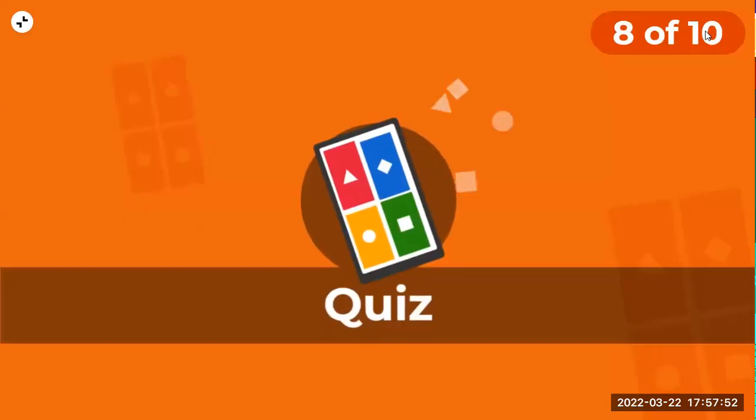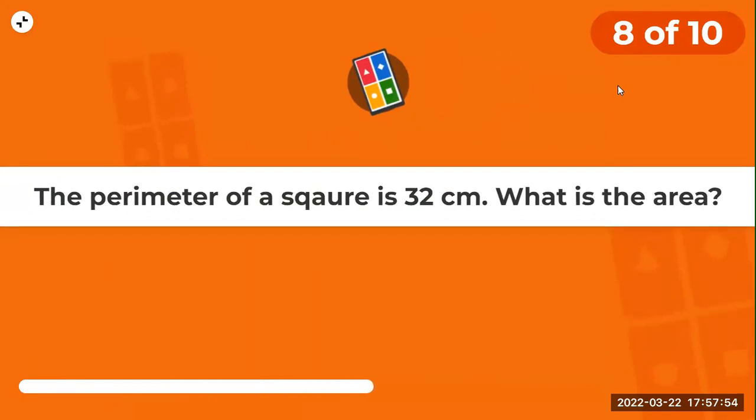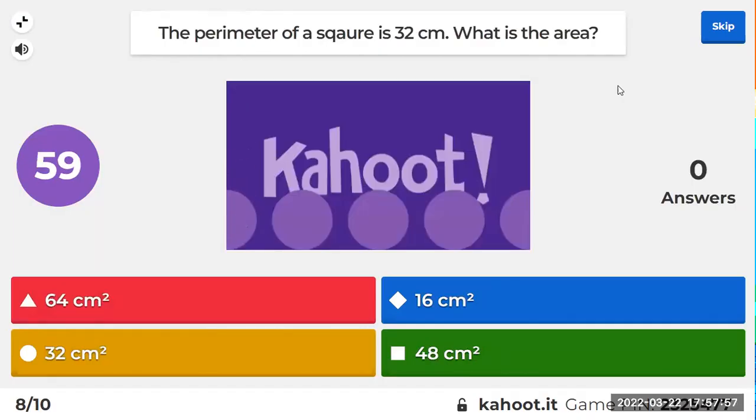Let's go ahead. We are on to question number 8. The perimeter of a square is 32 centimeters. What is the area?